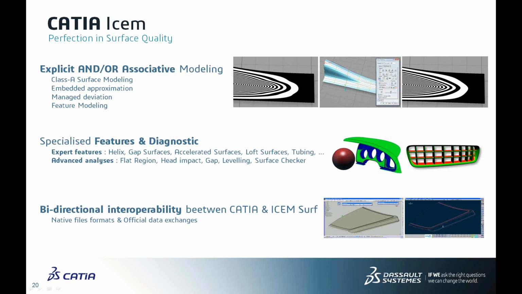Then it also brings to the CATIA for Creative Designers user a set of specialized function features and diagnostic tools for expert modeling like helix design, gap surface, automatic gap surface generation, accelerate surface, lofting surface, tubing, and so on, but also some advanced analysis tools to check at any time the quality of your design and your surfaces.